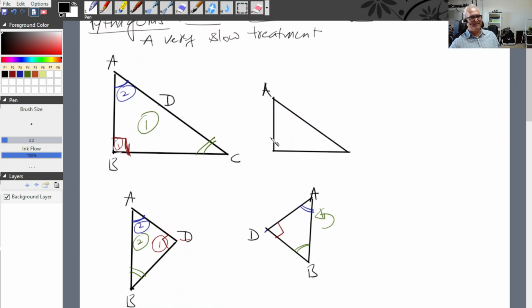So A, D, and B. So this we have shown this is A, this is the right angle, and now I can safely put the numbers of the angles. So this is 1, this is 2, and this is 3.